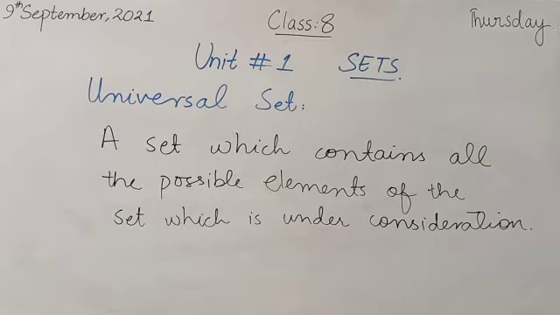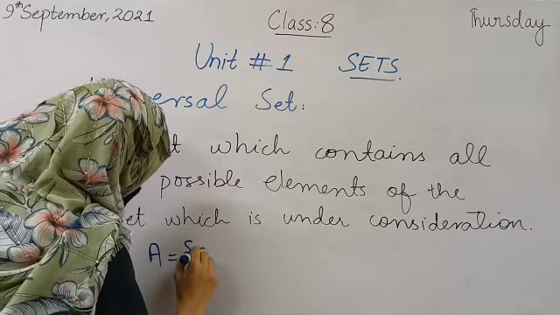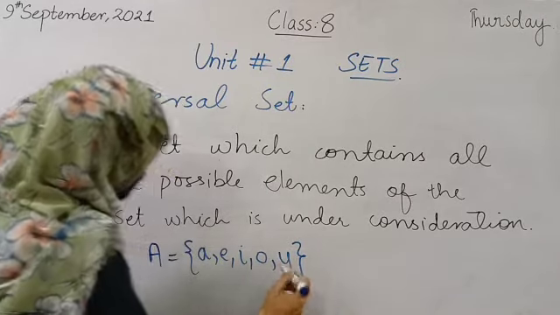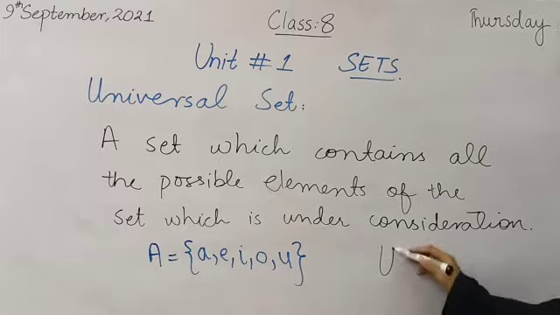For example, if I have a set A which contains set of vowels A, E, I, O and U. Set A contains set of vowels. So what will be its universal set?